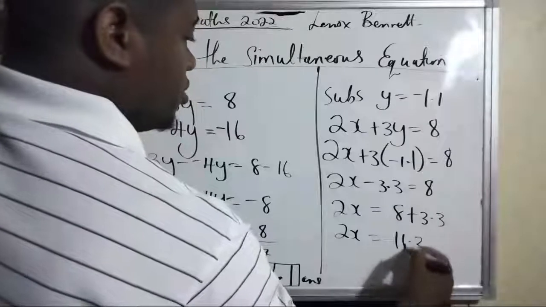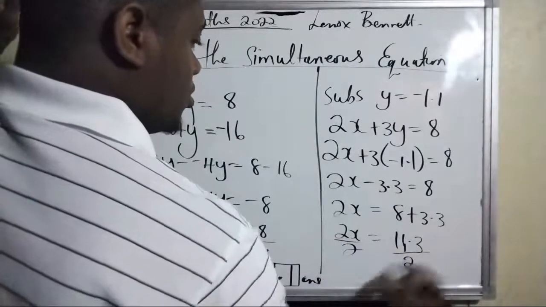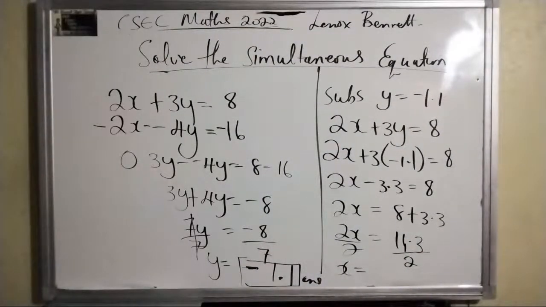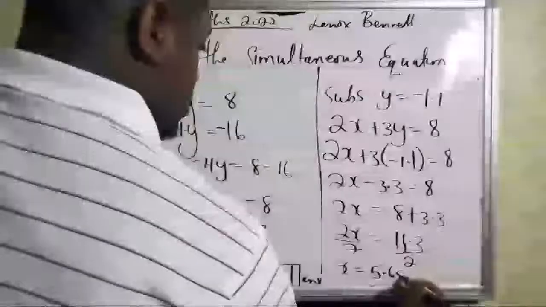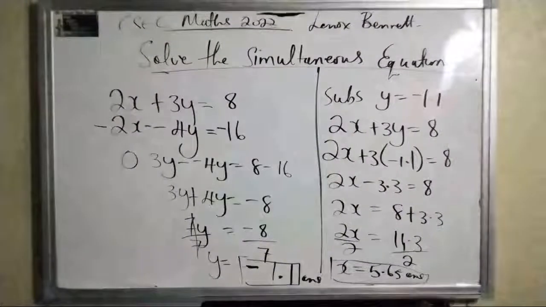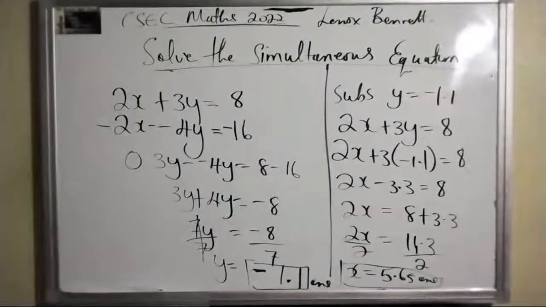That's 11.3, and then we divide by 2. So x is equal to 11.3 divided by 2. I'm just going to use a calculator. The value of x will be 5.65, and that will be our answer. So x equals 5.65, while y is equal to negative 1.1.